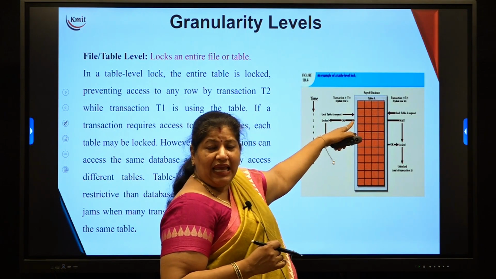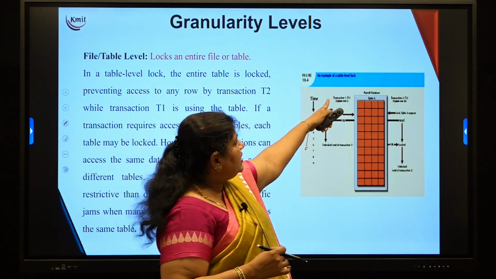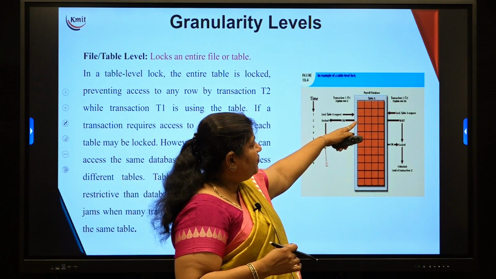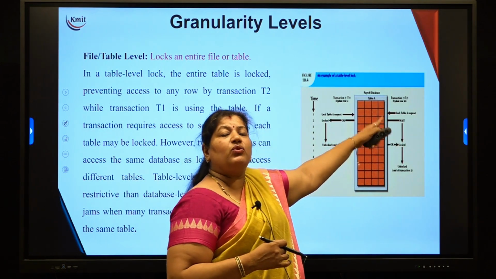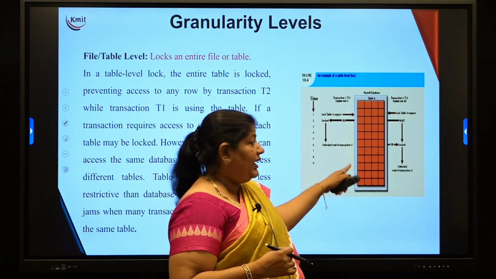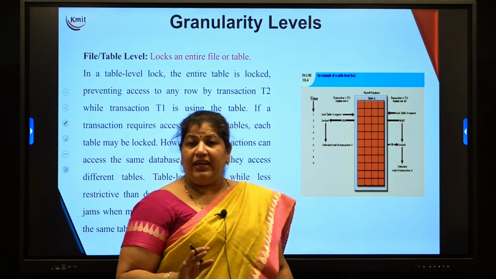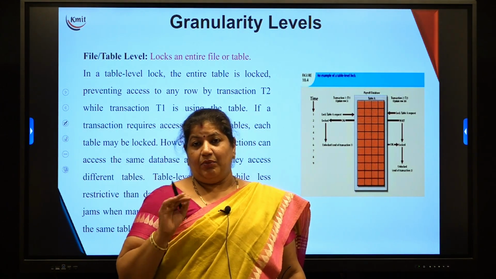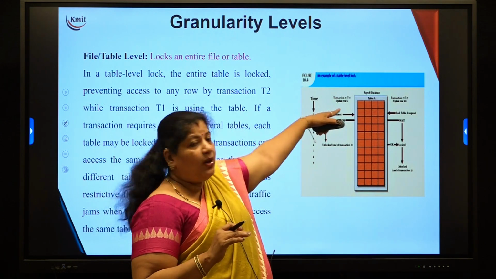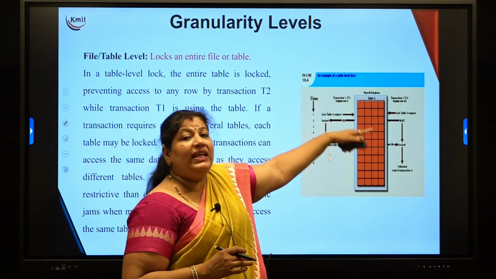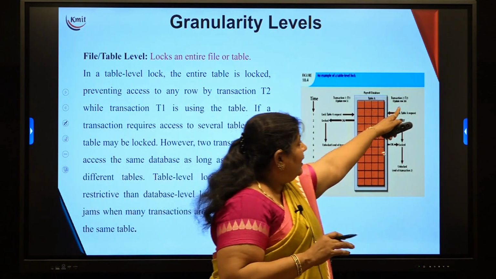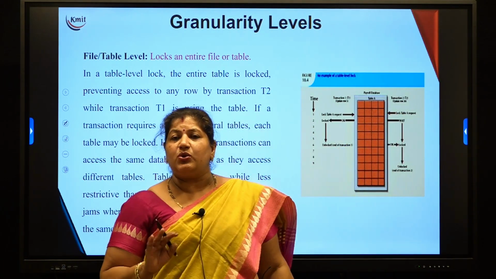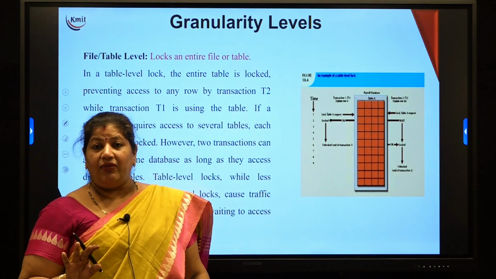Now, within that table 1, if it wants to access record number 5 and another transaction wants to access the same table for record number 7, it is not allowed because you have applied the lock at the table level. So, within the same table, if transaction T2 wants to access, it is not allowed.